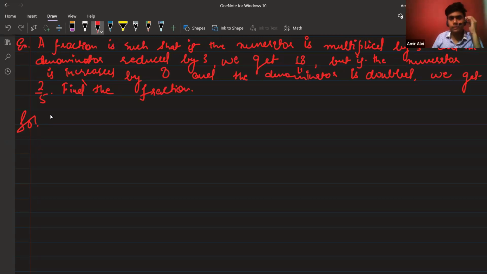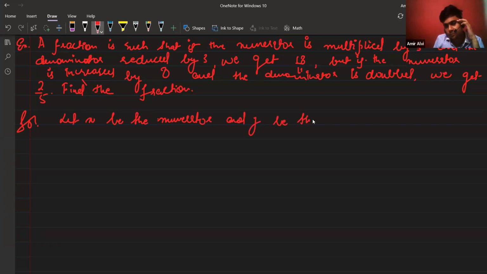Let x be the numerator and y be the denominator. Okay, so the fraction will be x by y.